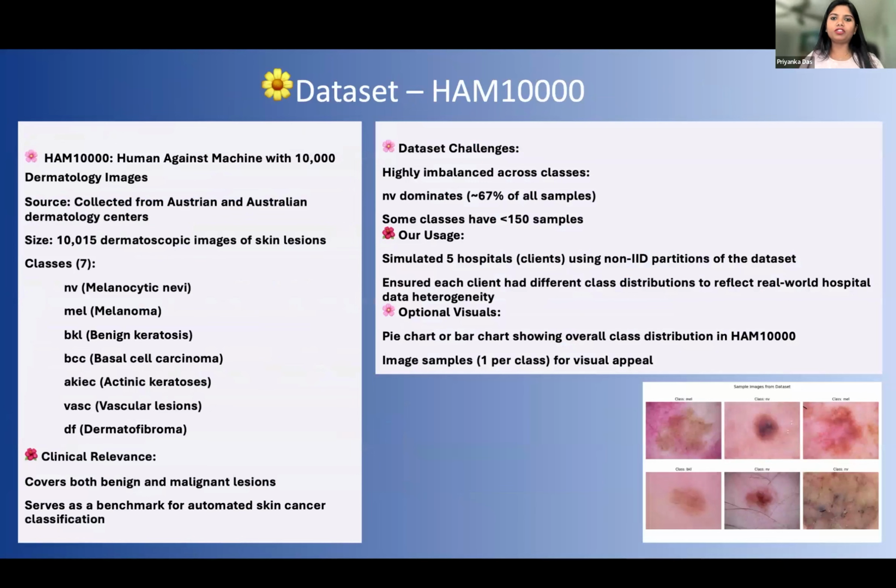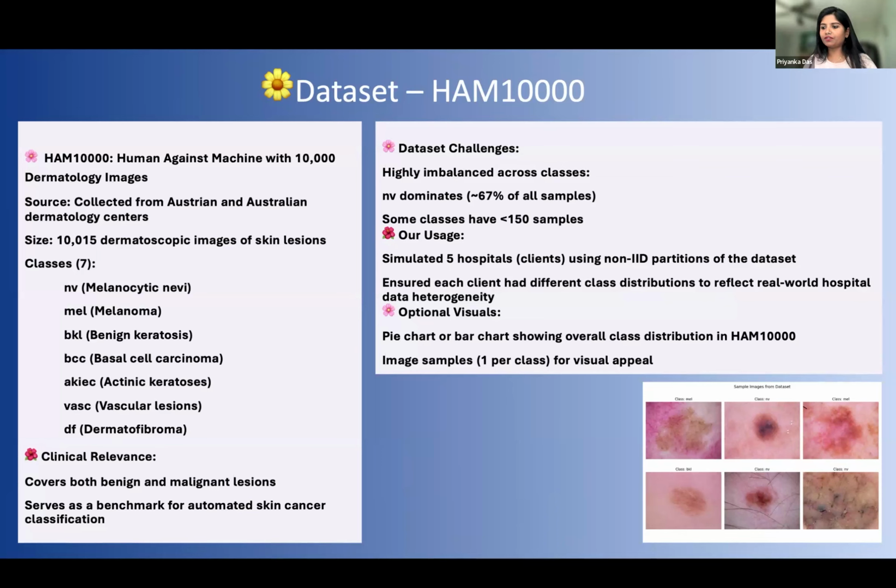Let's talk about the dataset. For this project, I used the HAM 10,000 dataset, which stands for Human Against Machine, with 10,000 dermatology images. It contains 10,015 dermatoscopic images across 7 classes of skin lesions, both benign and malignant.